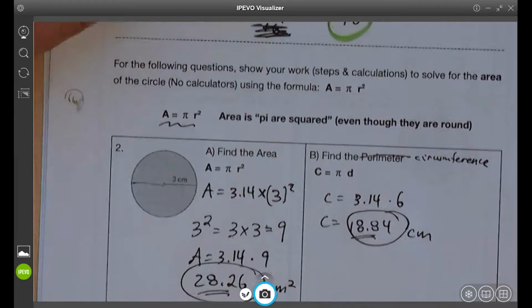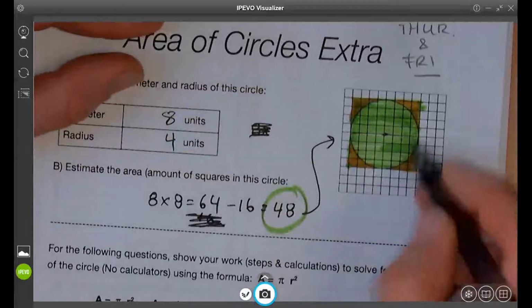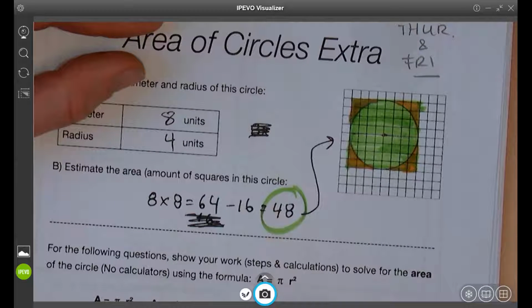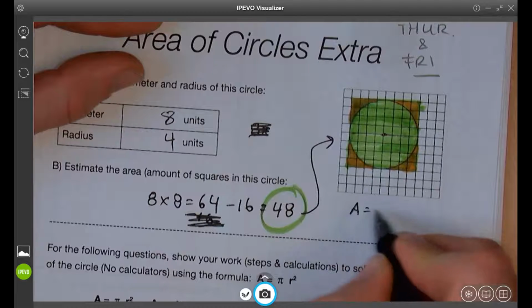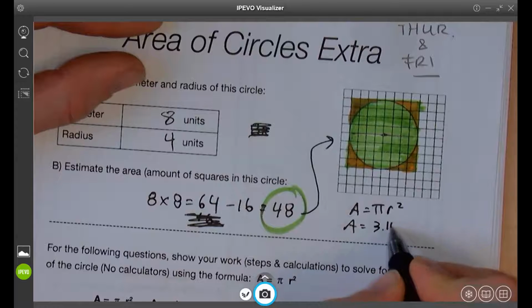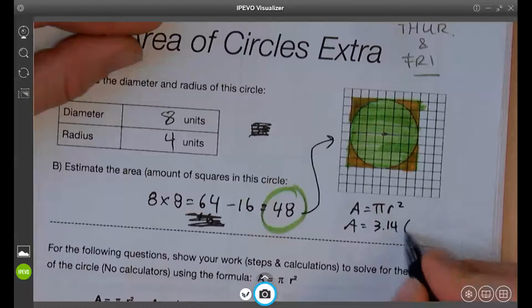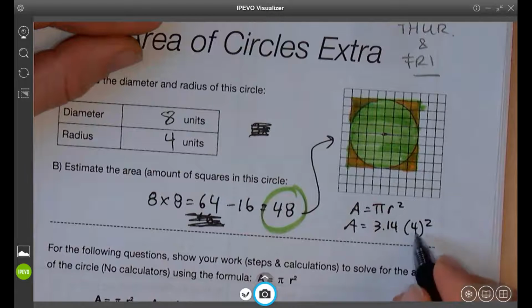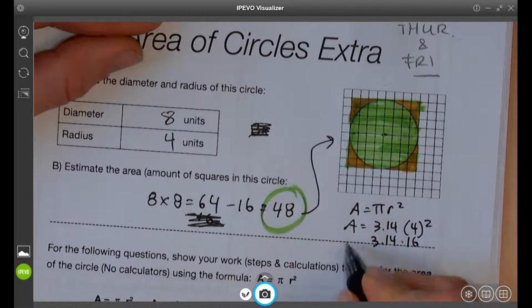Just for fun, now that we know the formula, let's go ahead and calculate the actual area of this circle. How many squares are there actually? Pi r squared. Pi is 3.14. What is r? Radius was 4. So 4 squared, that is 4 times 4, is 16. So 3.14 times 16.